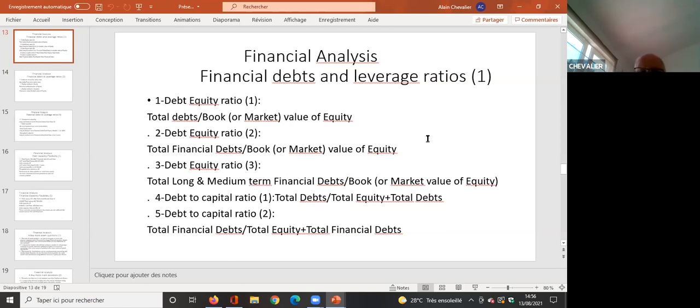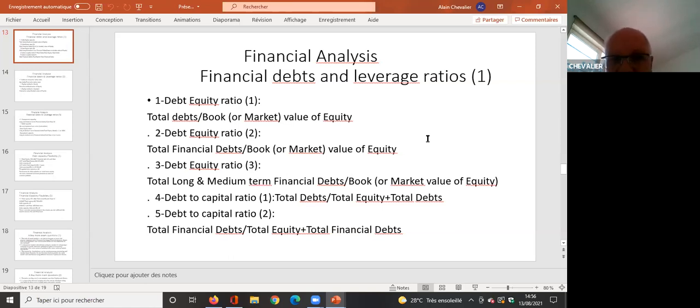So you are with something which is used very often right now. If you have a look at the US publications for the last 2, 3, 4 years, total financial debt divided by market value of equity is the dominant ratio which is used.